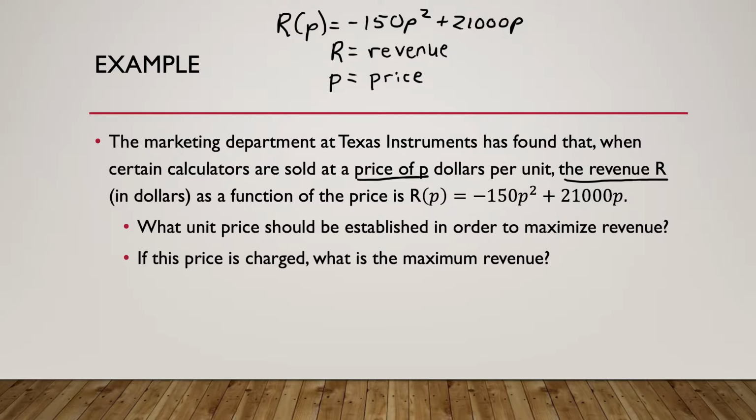The easiest way to do that is to think about your typical function notation, which looks like f of x is equal to, and then you have your quadratic function. Normally, we have an x on the left side of the equation in the parentheses, but this time we have a p on the left side of the equation in the parentheses.